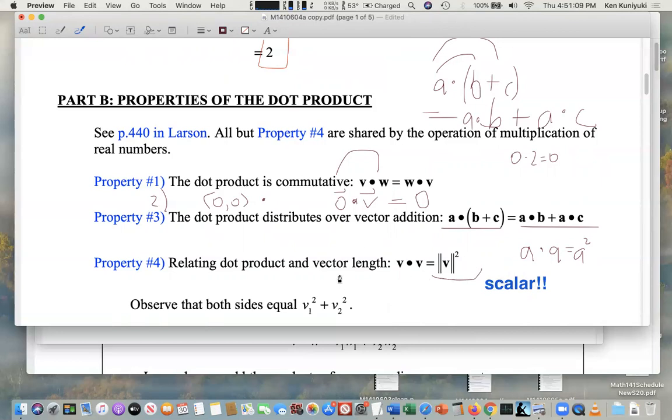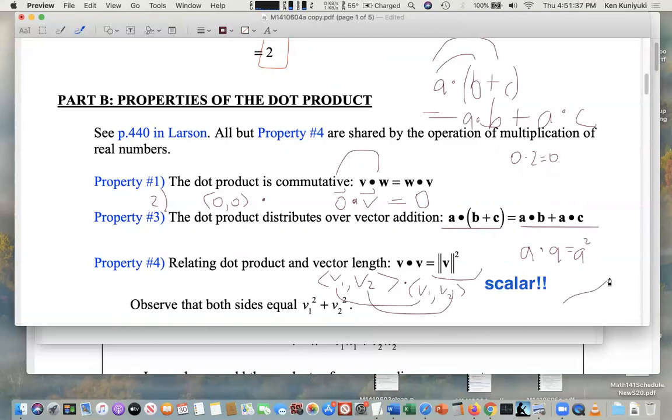So the idea here, in terms of computation, is you have the vector v1, v2, dot product it with v1, v2. v1 times v1 is v1 squared plus v2 times v2 is v2 squared. And that's how I related it to the right triangle.